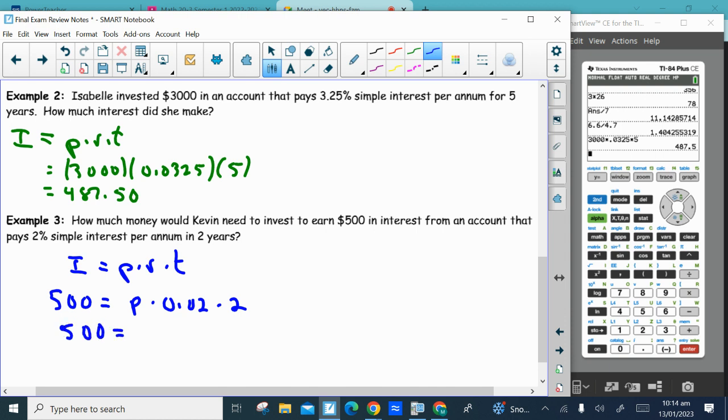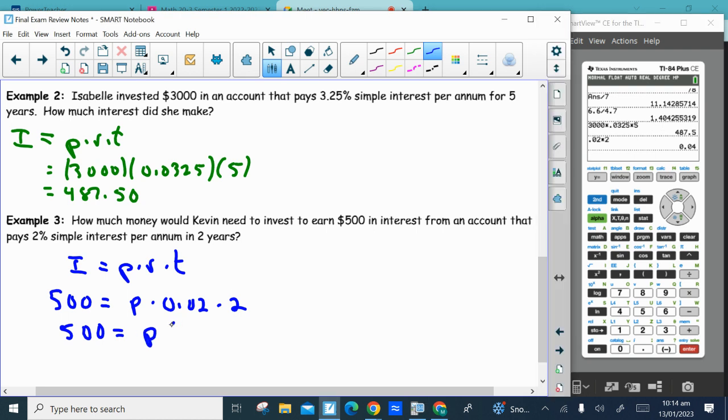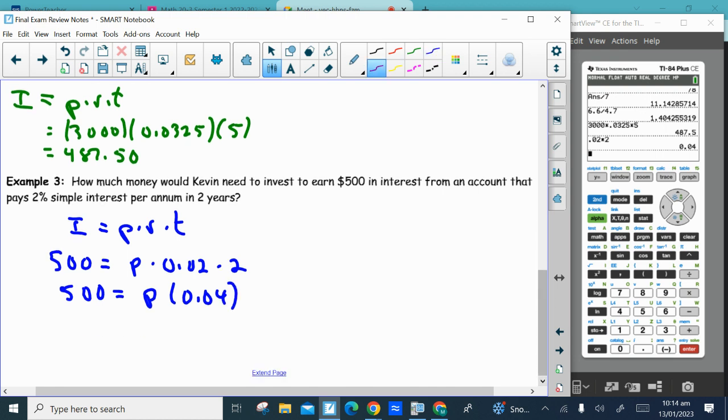So on the right side, we can multiply the 0.02 by 2, and that gives us 0.04. So P times 0.04, which we need to divide both sides by to get P by itself. On the right side, the 0.04s cancel, and we'll have P by itself.